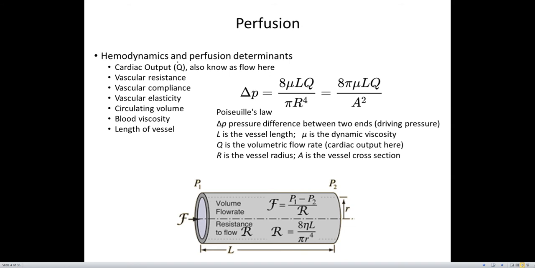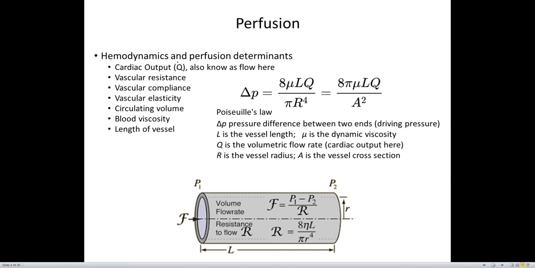In this particular situation, flow rate. Vascular resistance, and that's basically how much the radius of a blood vessel is open or closed, how viscous the blood is, how difficult it is to move blood forward. That is the determinant of resistance.